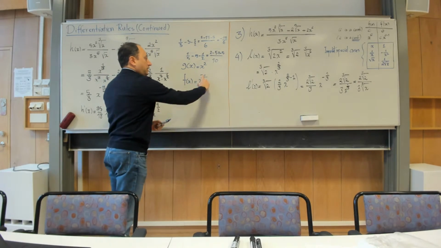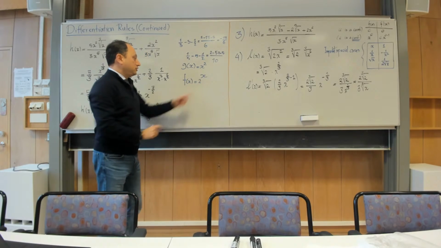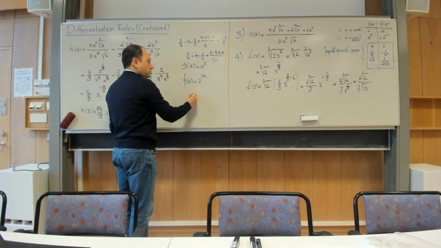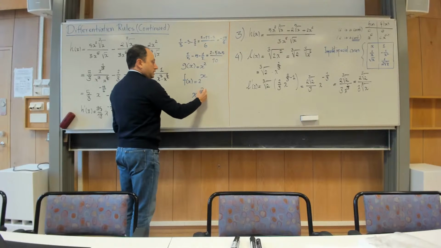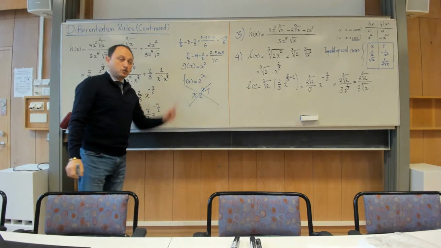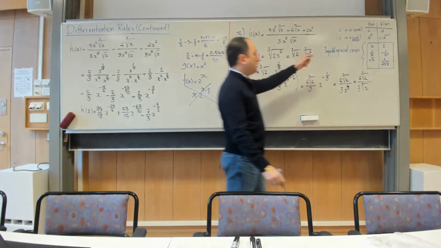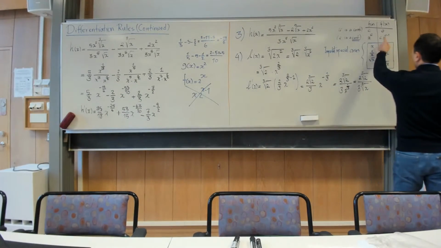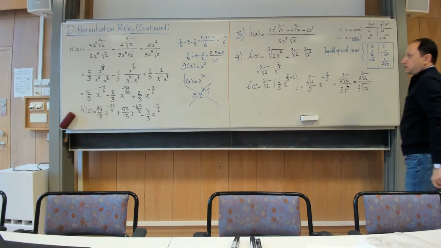But if I interchange them and you take the derivative, you say x goes down, and I would write x to power minus 1. This is wrong. So be very careful. You are allowed to use this formula only if the exponent is a constant.